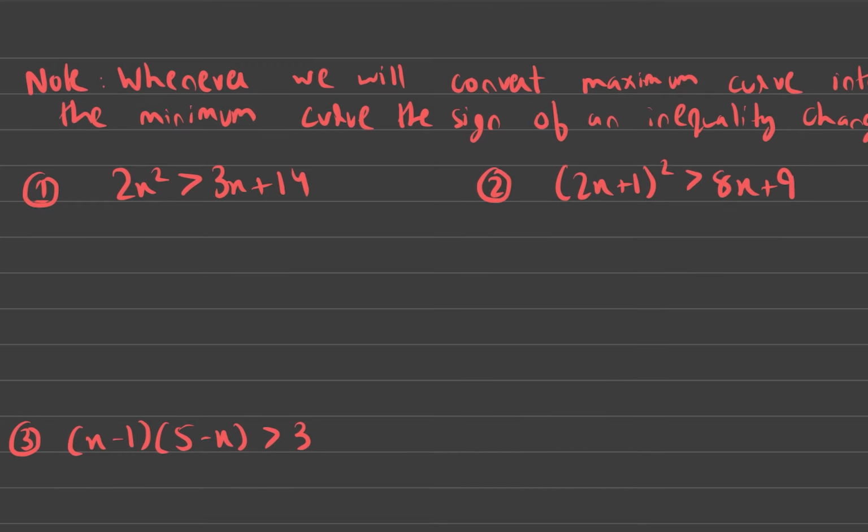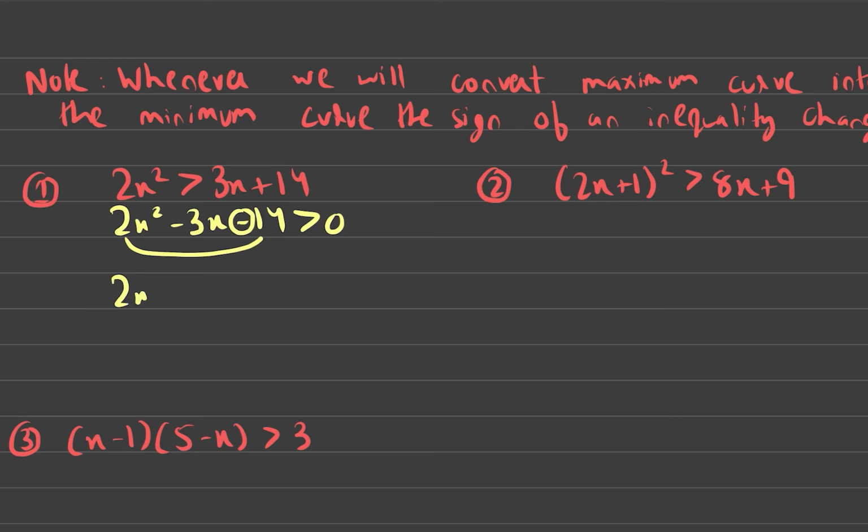Let's practice more. So this is a question. 2x squared minus 3x minus 14 greater than 0. Got this? Now, 2 fourteens are 28. What are the factors of 28? 7 and 4. Why are we using 7 and 4? Because the sign before the constant is minus.